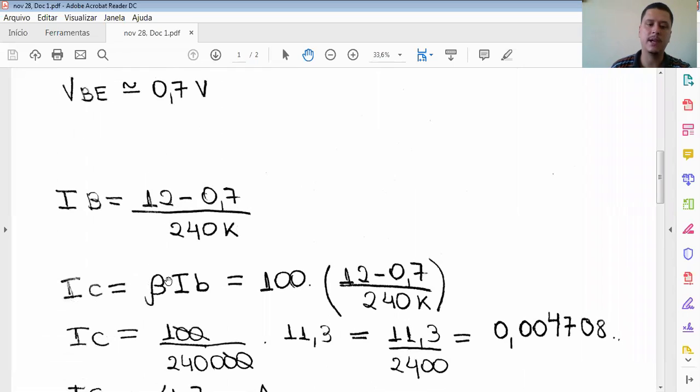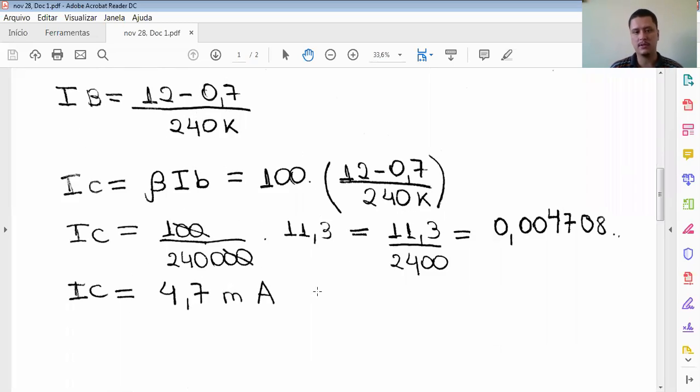IC equals beta IB. So let's substitute the value of beta here, which is 100, and the value of IB, which we have not calculated yet, but I'm going to put here the equation of the IB that we just put above. Okay, so we can solve this. It's very simple. 240K, we can put down here as 240,000.